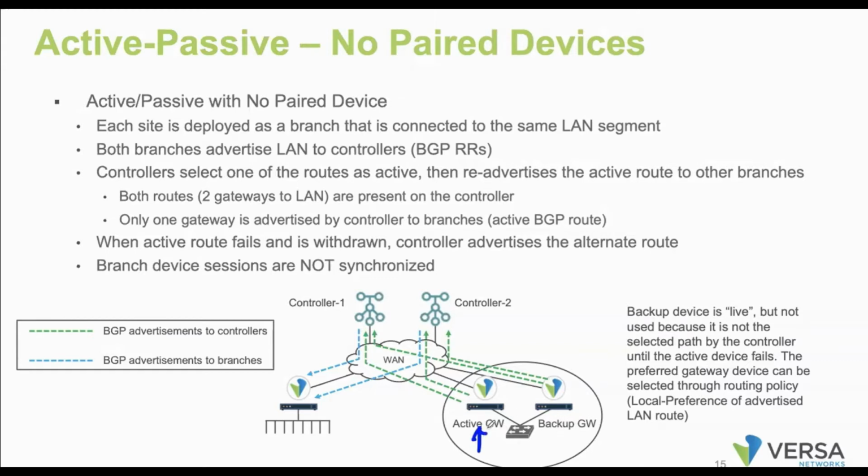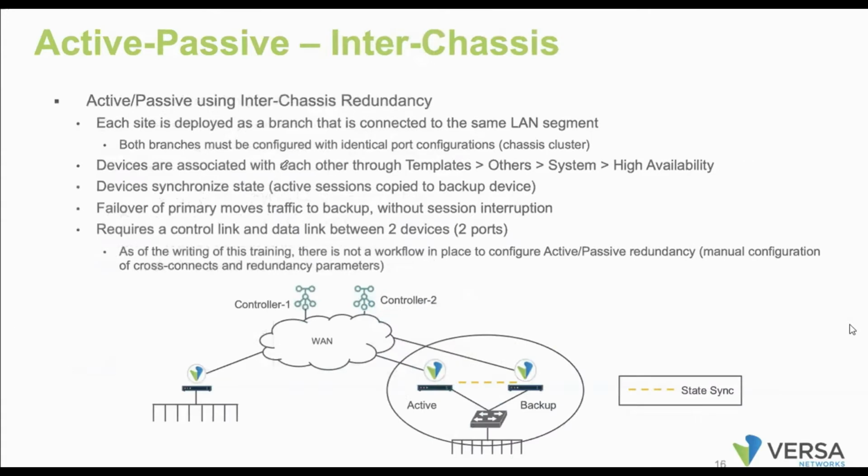So if I want this device as a primary device, what we try to do? We'll try to tweak the BGP protocol to make sure that this acts as a primary gateway. So this acts as a secondary gateway. Okay. So to be precise, we are relying on the BGP protocol in order to achieve this redundancy. When it comes to the second type of implementation, which is nothing but the inter-chassis.